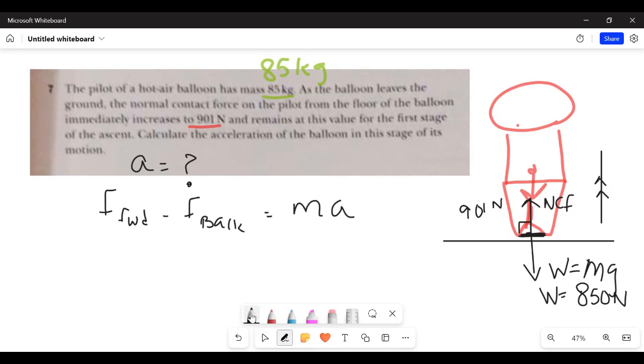What is going to be the forward force here? Yes, Azhar, what's going to be the forward force? Azhar, are you there?